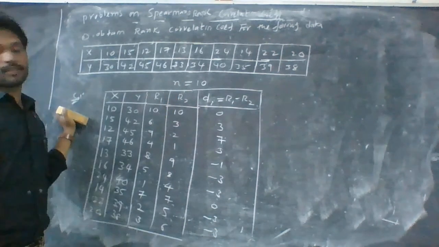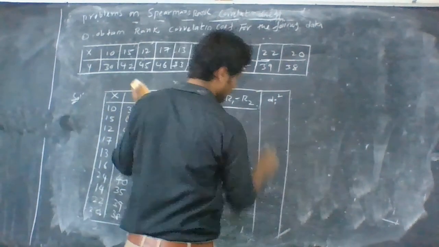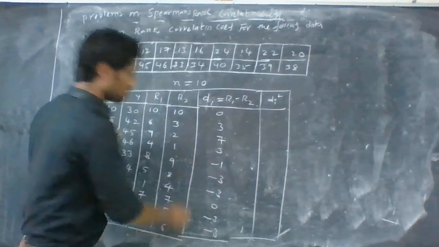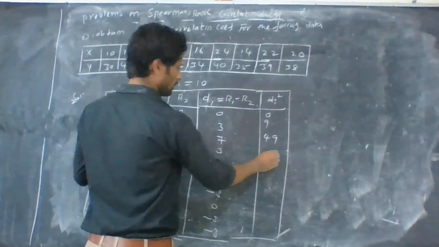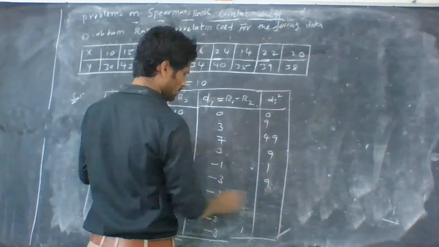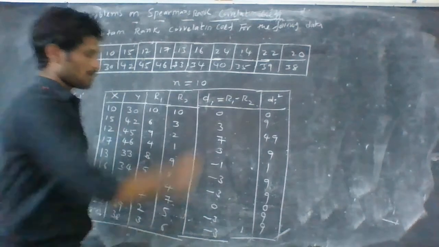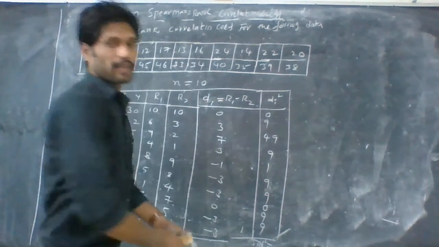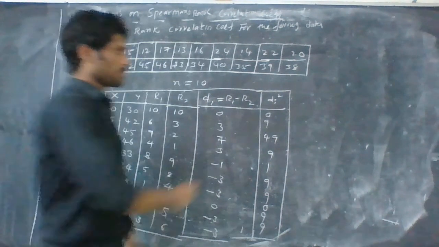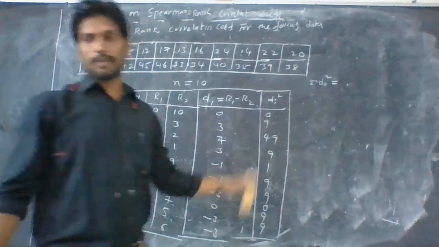Squaring the deviations: 0, 9, 49, 9, 1, 9, 9, 0, 9 and 9. The summation of di square is 104.